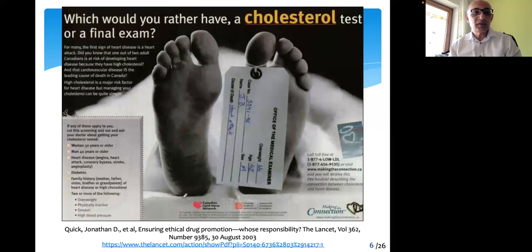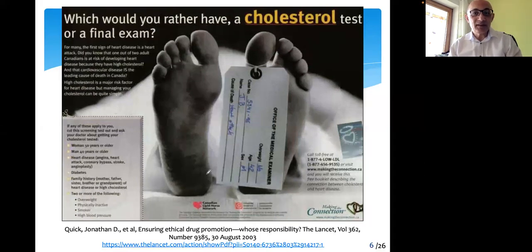It was developed and funded by a drug company producing cholesterol medications, anti-cholesterol medications. And of course, if regular citizens see this, they are expected to go for a cholesterol check, and if it is high, there will be prescriptions of cholesterol-lowering medications.